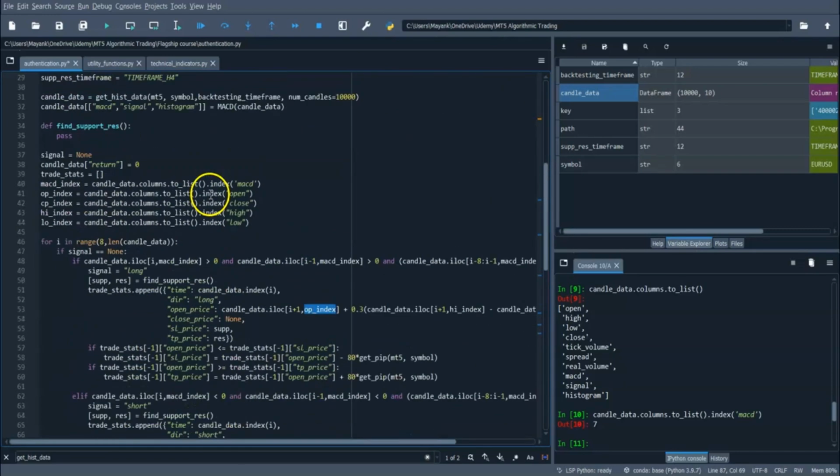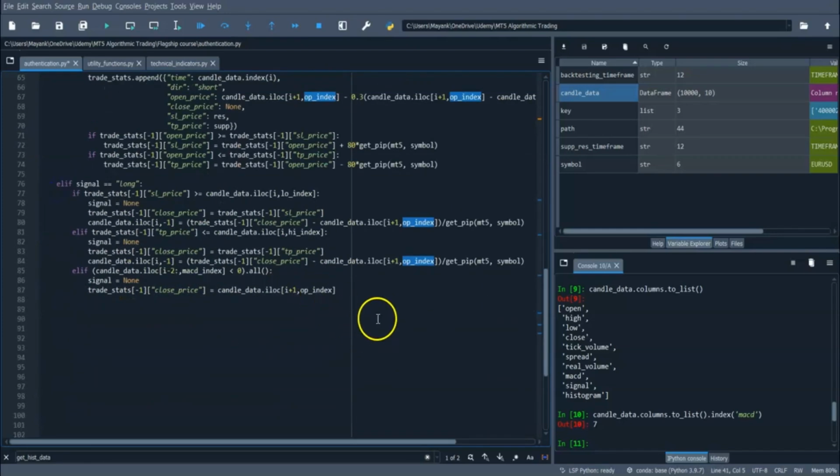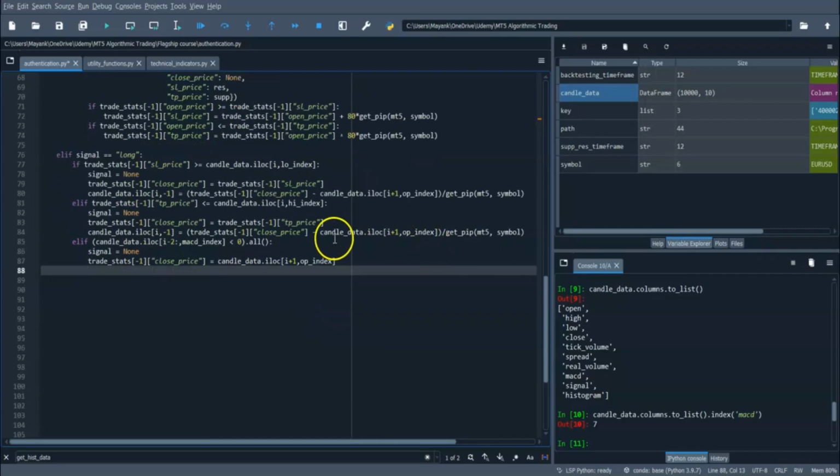Are we using OP index? Yes, OP index. All right. And once again, I'll leave it for you to include slippage. For closing positions, we should also have slippage, but I want you to do that. And the return for this candle would be simply the closing price minus the opening price, because we'll close out only after the entire candle is completed.